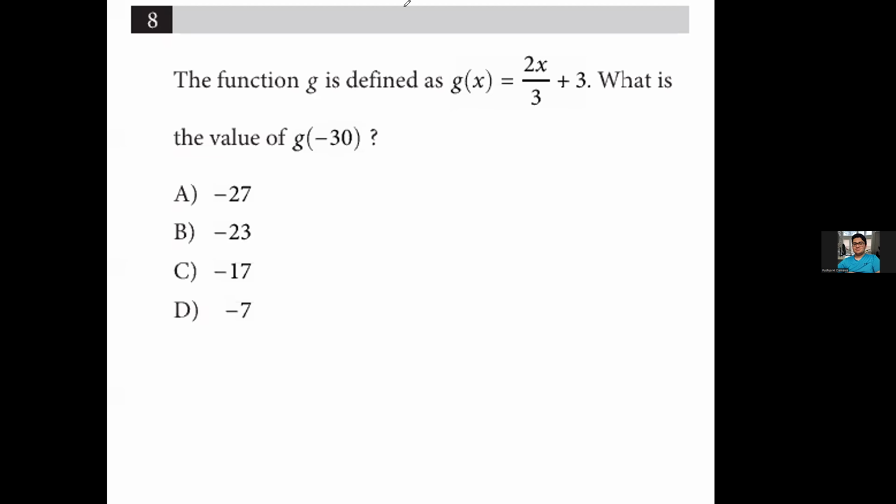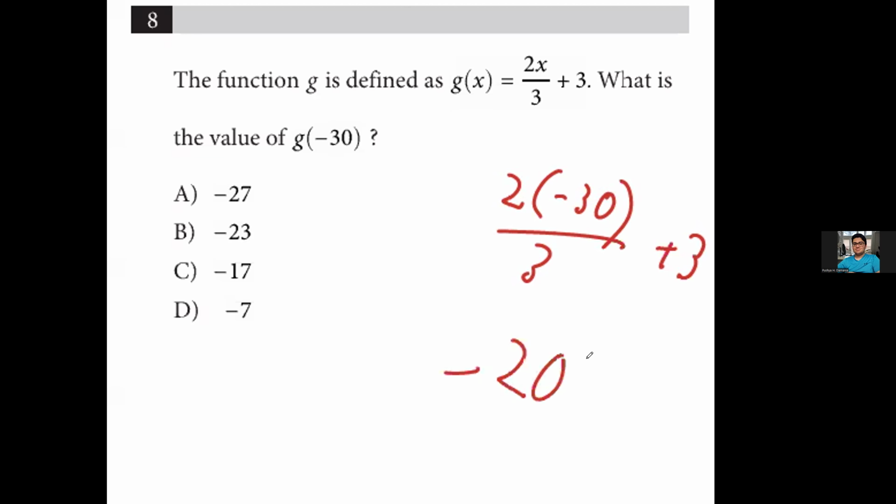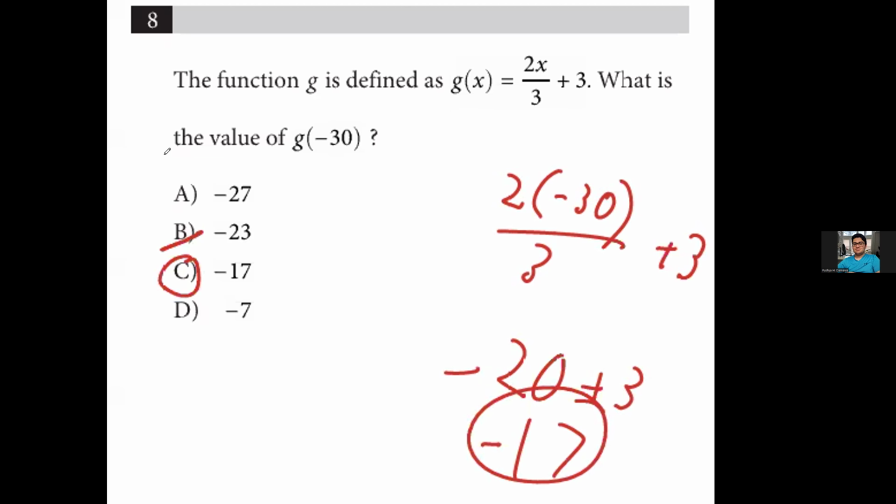So g of -30 would just be 2 times -30 over 3, plus 3, which is just -60 over 3, which is just -20, plus 3, which is just -17. So the correct answer is choice C. Okay, question 9.